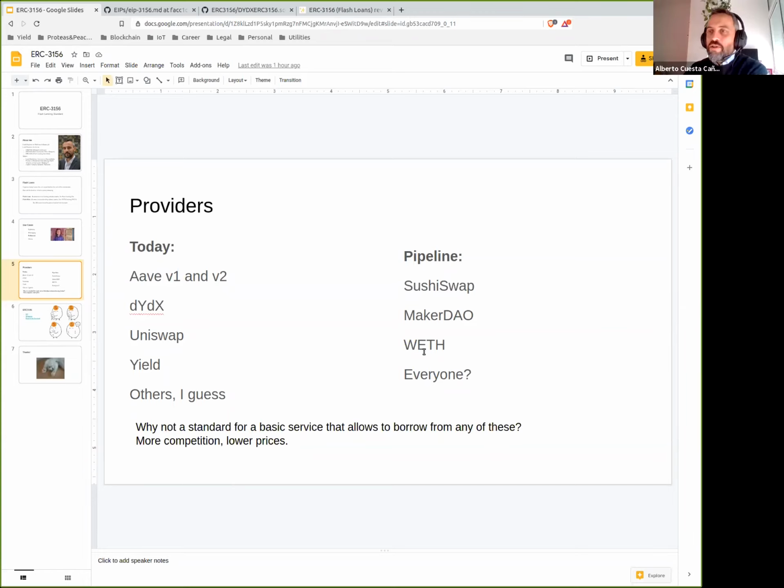There are pros and cons, like everything in life. The sweet spot that I'm trying to achieve with this ERC is to offer a basic service that is easy and safe to use. And in that, I have the help of a lot of people that actually know a lot about all this. So in terms of safety, I know that the ERC will provide higher safety than almost any other flash loan there.